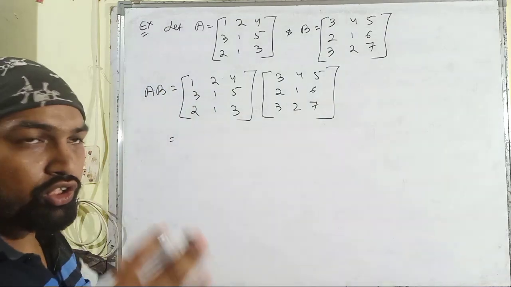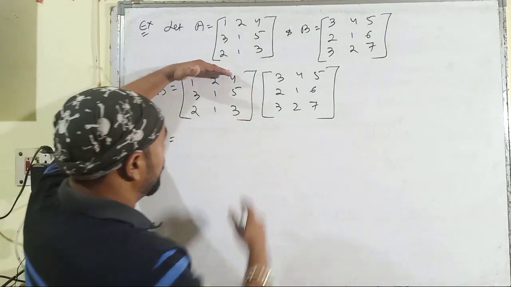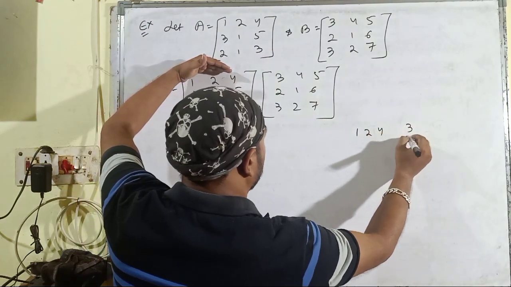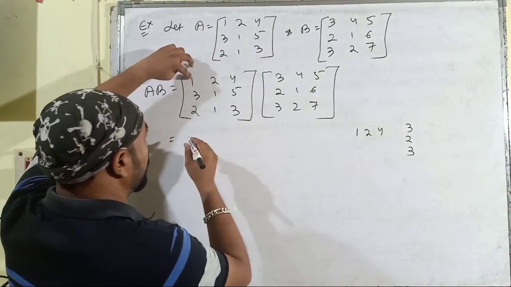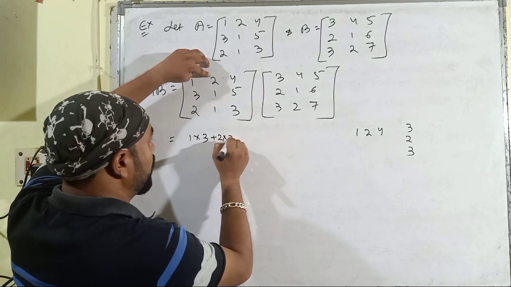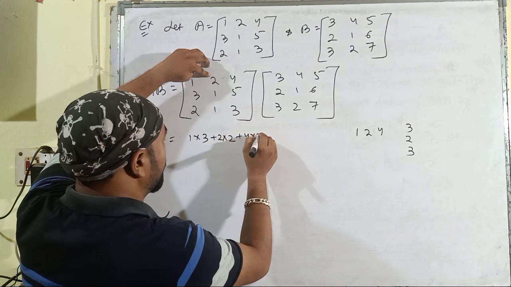Again we have to go through the same procedure here. That is 1, 2, 4 multiplied with 3, 2, 3. So it is 1 multiplied with 3 plus 2 multiplied with 2 plus 4 multiplied with 3.